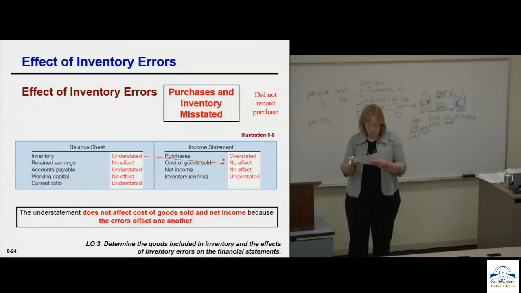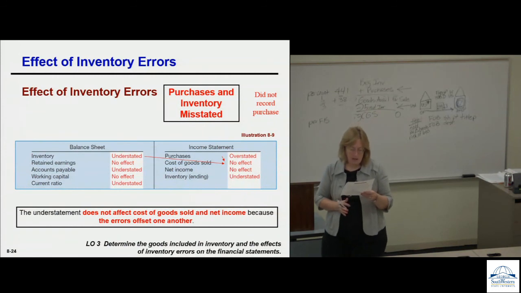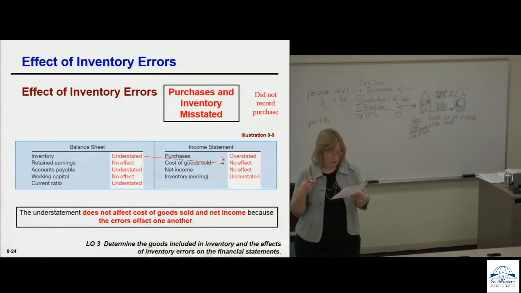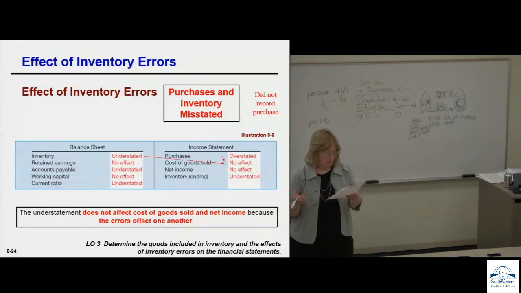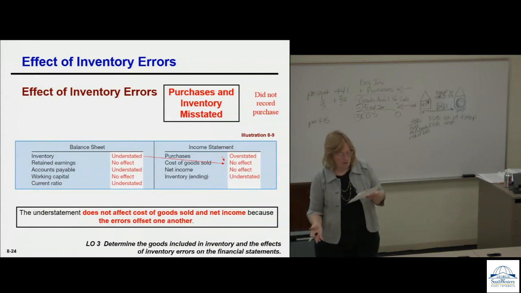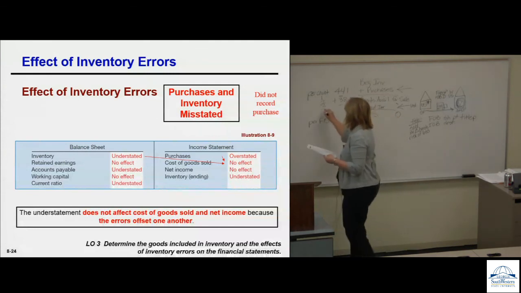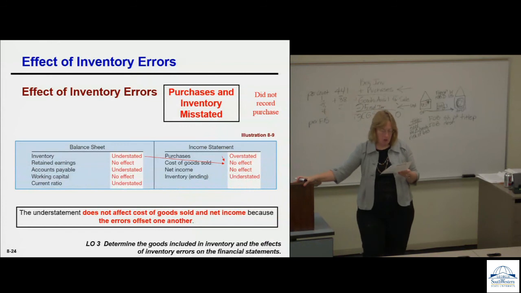Number 4, merchandise costing $83,000 was shipped by a vendor to us. FOB destination was shipped to us. It's not ours yet. Number 4 is not ours. But it said it was received after December 31st, on January 4th.